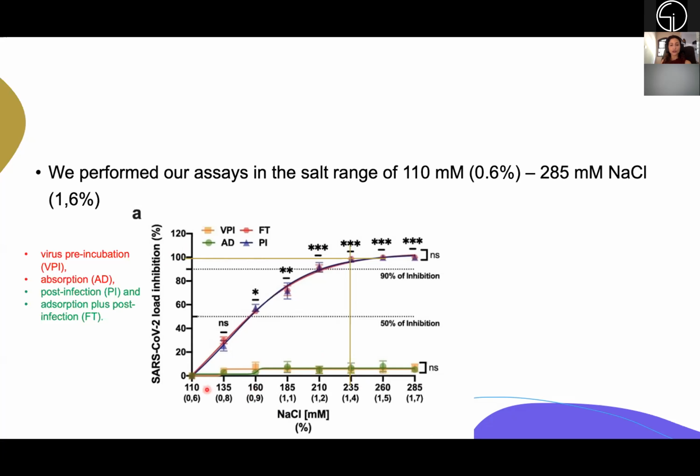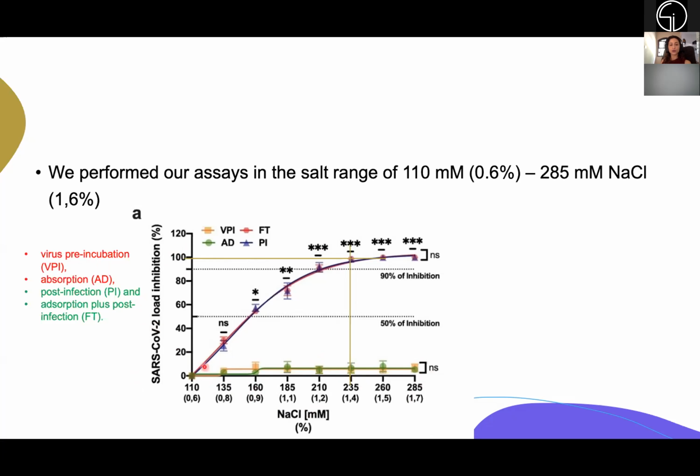But in two other different assays, the virus pre-incubation, which means that you put different concentrations of salt only on the virus, and after you take the salt out and add the virus to the cells, you do not cause inhibition of the virus.